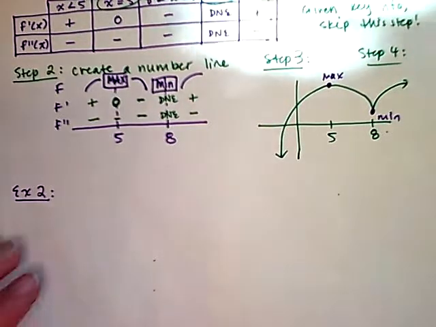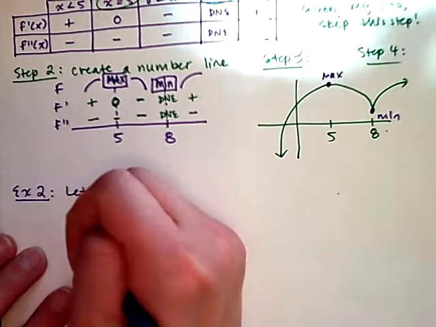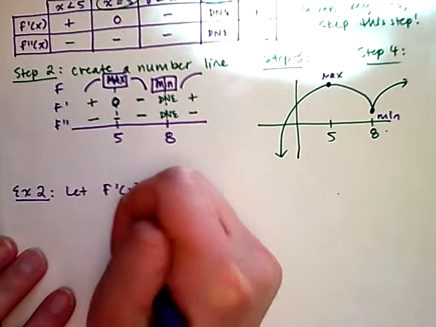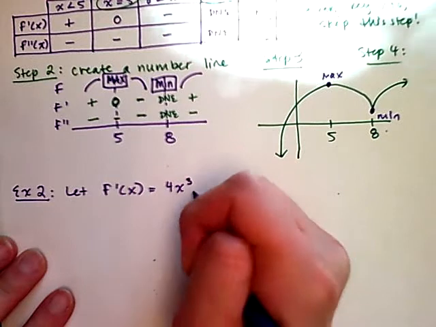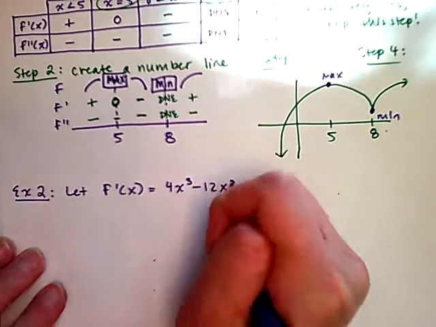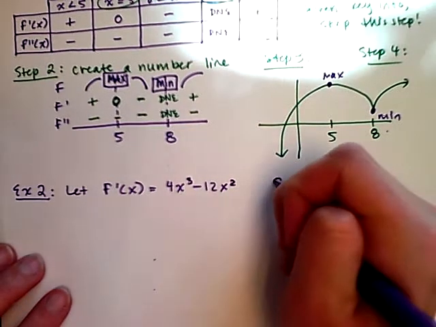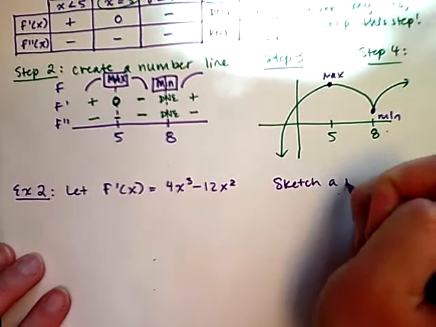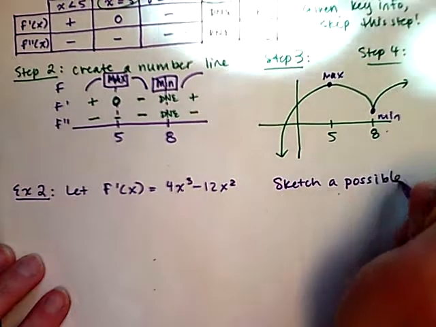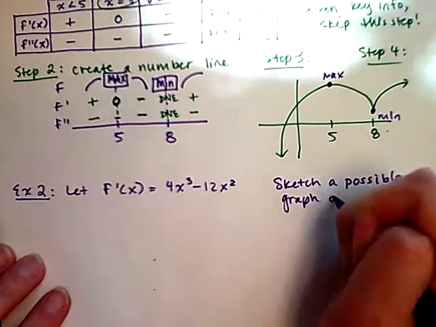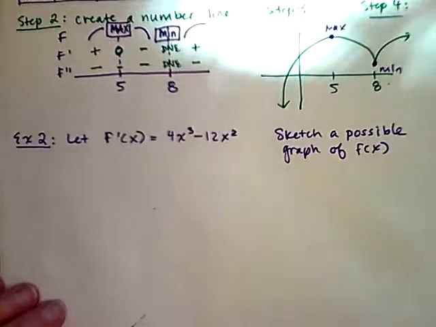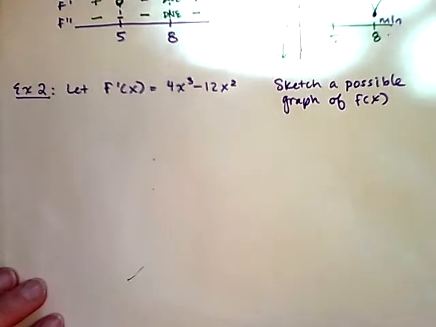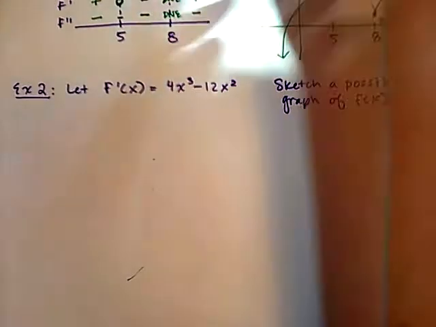So in this example, I'm going to start by saying we have the first derivative. Let f prime of x equal 4x to the third minus 12x squared, and we'll say sketch a possible graph of f. Well, if I'm running through my steps, my first step is to find the first and second derivative.